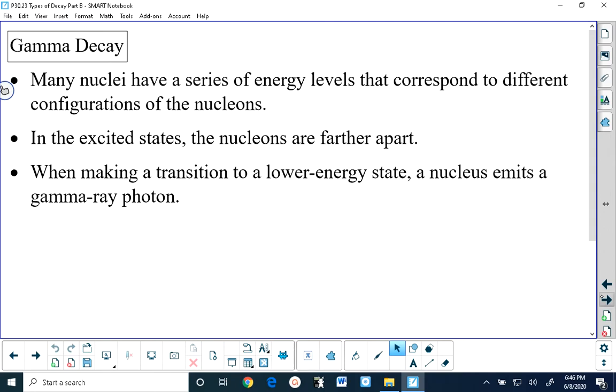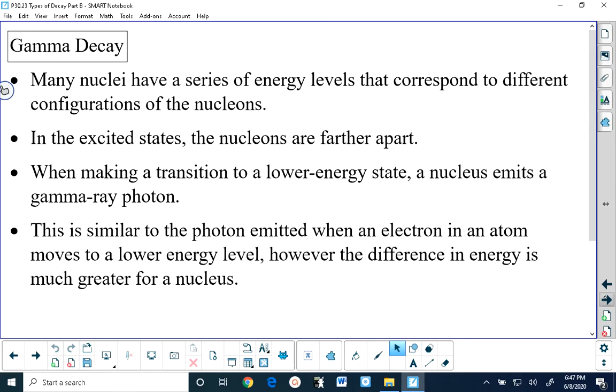When a nucleus makes a transition to a lower energy state, what that means is that all of the nucleons will be more efficiently packed together. They will be closer together, in fact, and as a result of that, there is less energy in the system afterwards, and that energy is conserved due to the emission of a gamma ray photon.